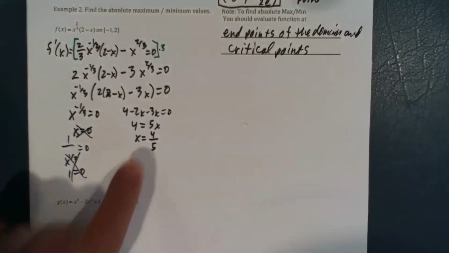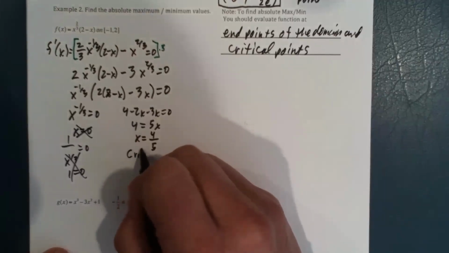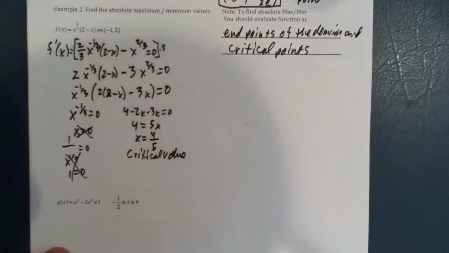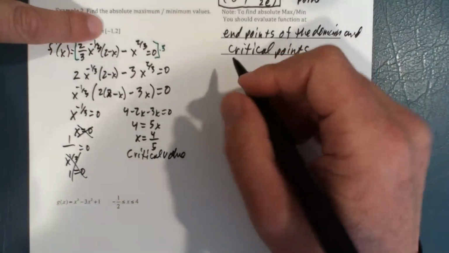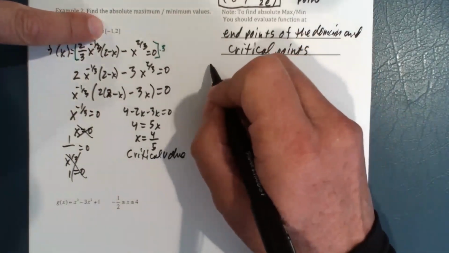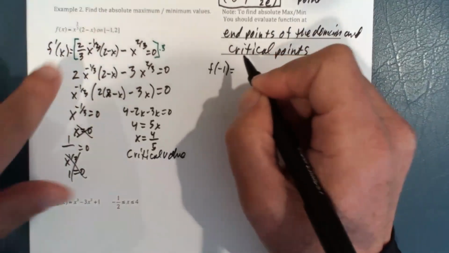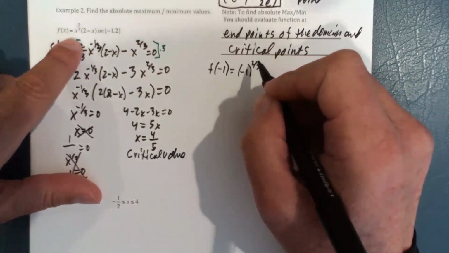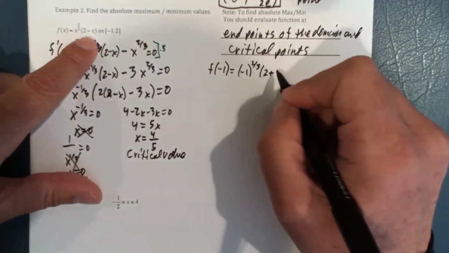So this is nothing here. So our only critical value is here. So we need to test 3 points. The 2 endpoints, so let's see what we get here. Let's do f of -1. So -1 to the 2/3 power times 2 minus -1 becomes +1.